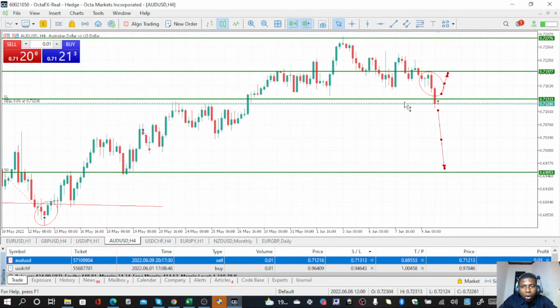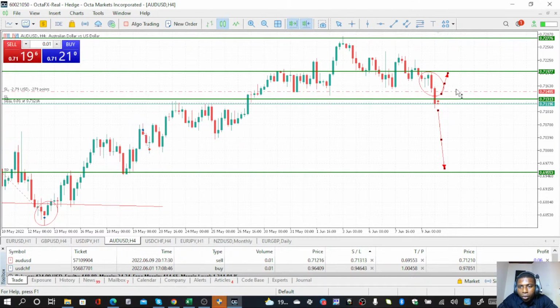So here we go. Now, if this trade goes against us, we would lose $7. But if this trade goes in our favor, we would make $16.